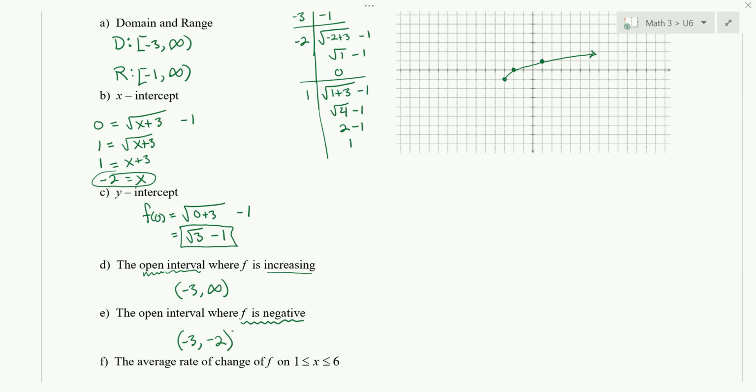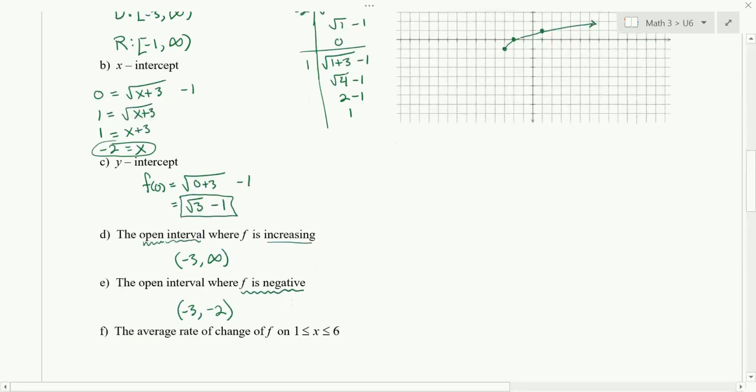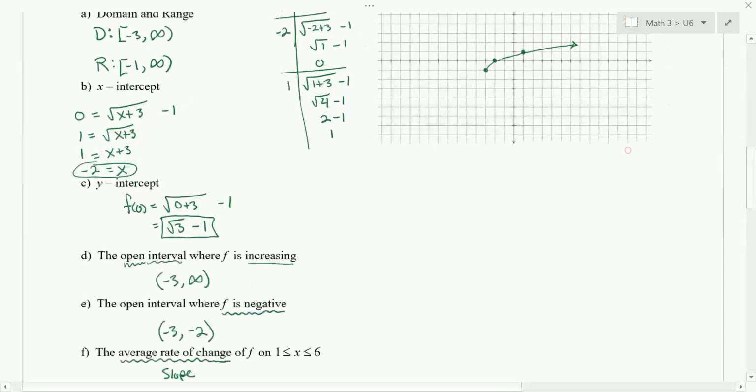Okay. And lastly, the average rate of change. And when you see that average rate of change, think slope. So the average rate of change is a slope. So the slope, if we were to connect the points in a straight line from 1 to 6, let's see where 6 is.